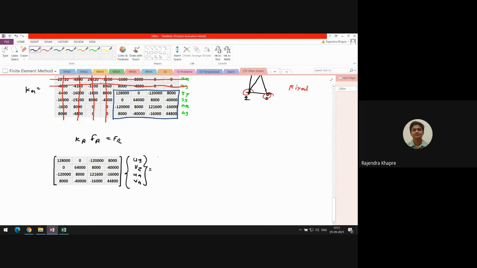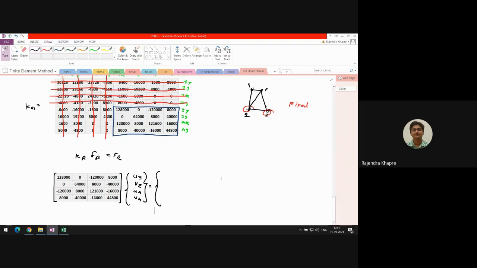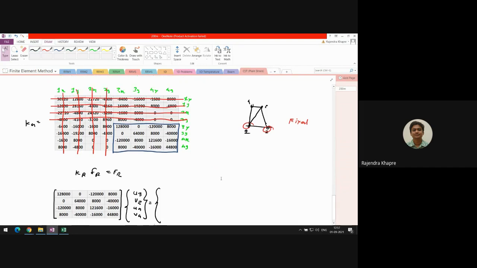Multiplied by, now you have to go for the forces which are coming on node number 3 and node number 4.